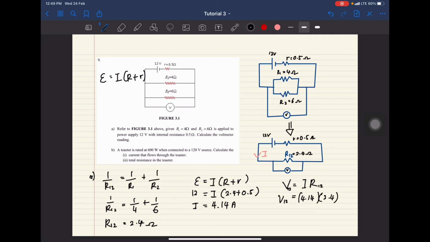Then again, press the calculator. Okay, I keyed in wrongly. It's correct now. You just have to press your calculator and you should get 9.93 volt. So that one is for question A.